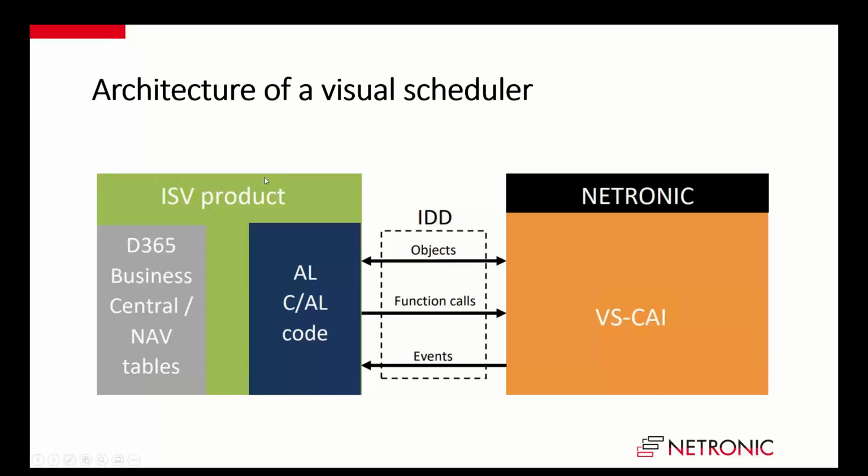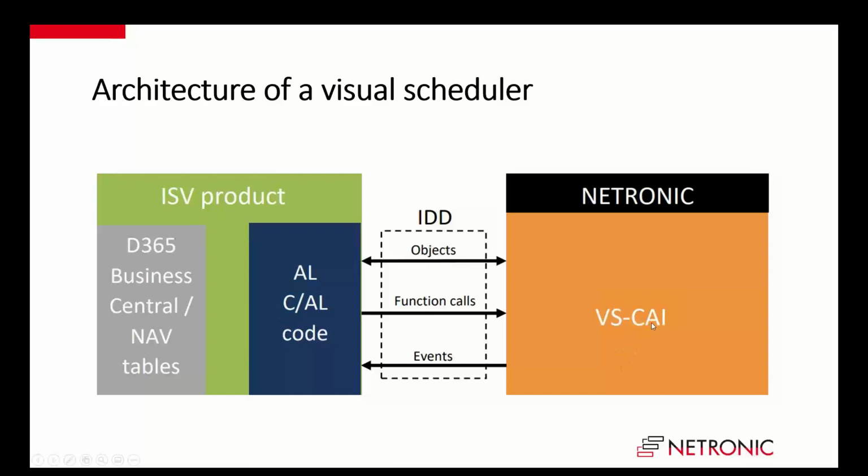You are building your ISV product, which relies on the Business Central platform and reads data and writes data back to the Business Central tables. You're developing this nowadays probably in AL, or if you have legacy code, in C/AL as well. And then you would like to make use of our Control Add-in.